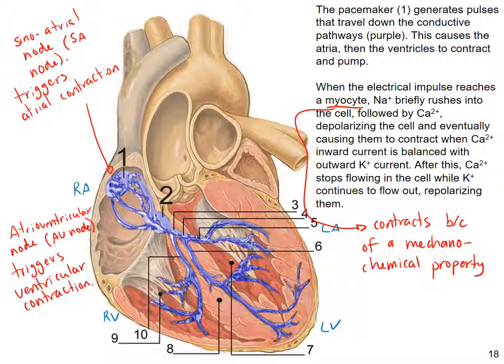Okay, and so effectively we get this pulse into the cell. The cell responds through an interesting mechanochemical property. It will change its electrical state and therefore contract itself. Okay, and then after it's contracted, it will repolarize itself.